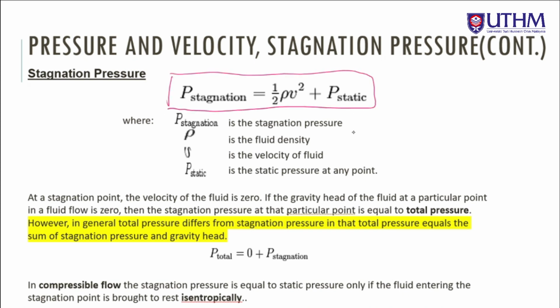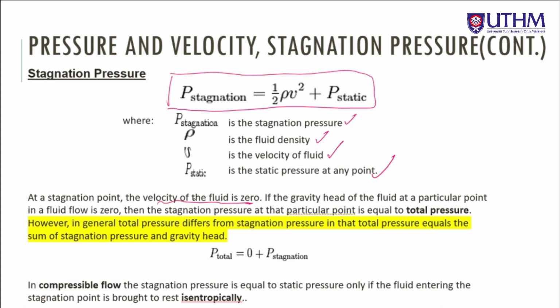Okay, whereby this is the stagnation pressure, rho is the density of the fluid, and this is the velocity and also static pressure at any point dekat tube tu lah. So at the stagnation point, actually the velocity of fluid is zero. Yang ni macam kita cakap tadi lah kan.